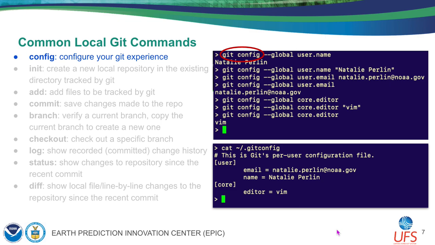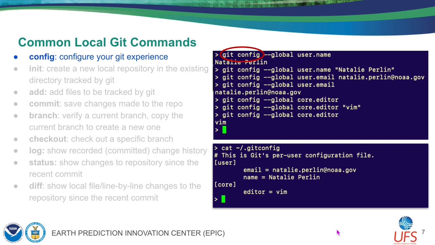I can also add my email: git config --global user.email, give my email, and when I issue it next time, it will know my email that will be globally tracked for my local username.